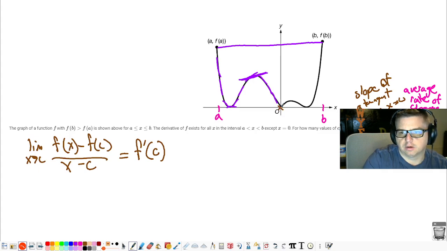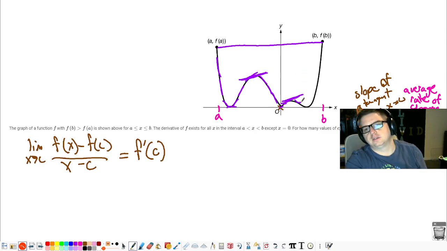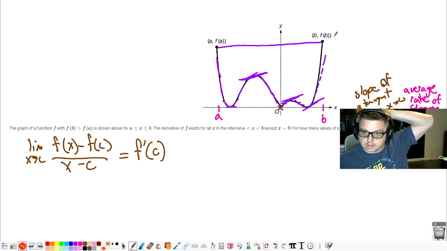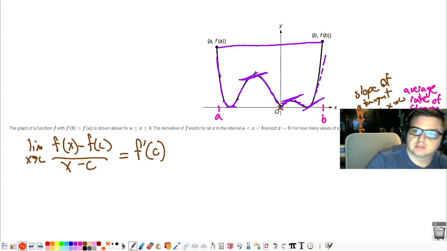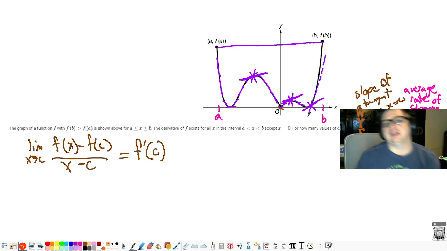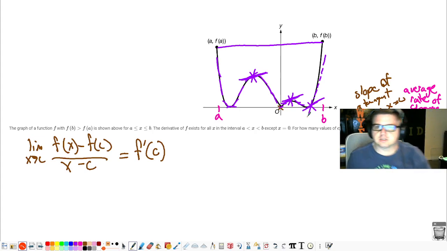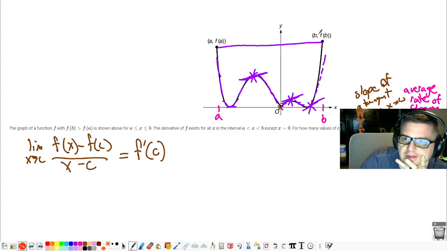There is no slope here. Then slope there, right? And then down, down, down, and then slope there. And then up. So hopefully we can see that there are 3 different instantaneous points between a and b.